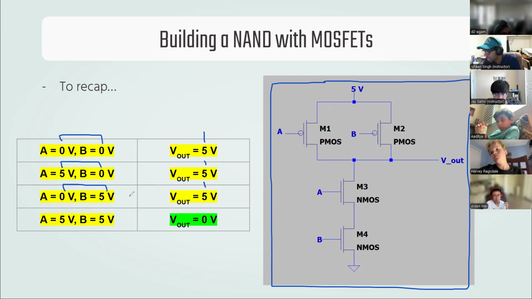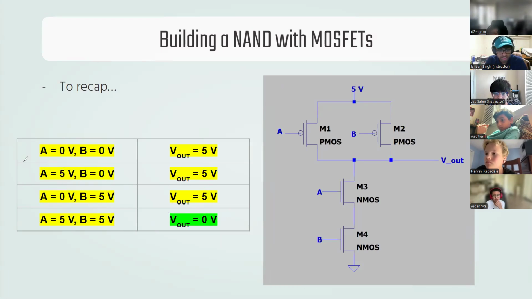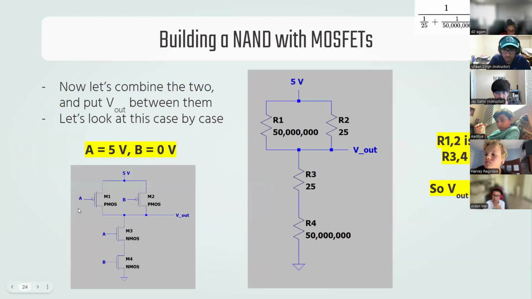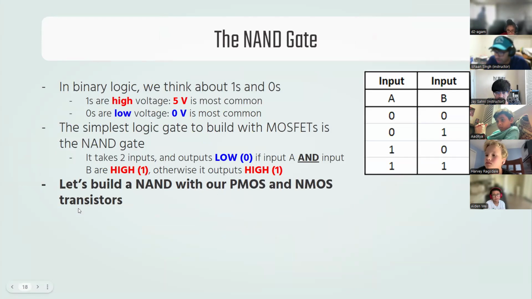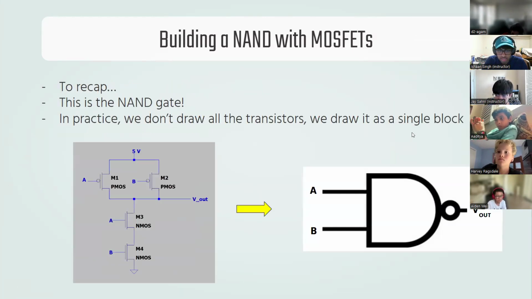But if both of them are 5 volts, we output 0 volts. This is the same thing as what's called a truth table, as I showed right here. 0, 0 is 1. 0, 1 is 1. 1, 0 is 1. But if we have two ones, it's 0.